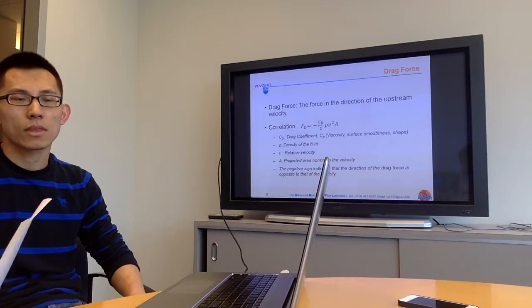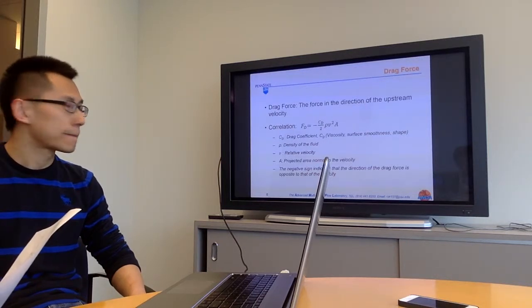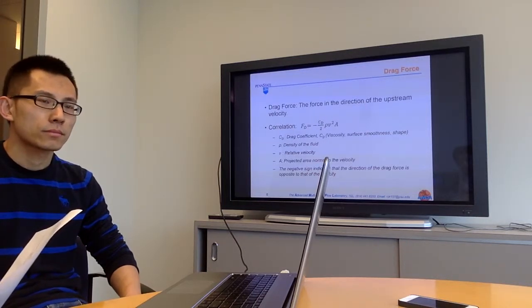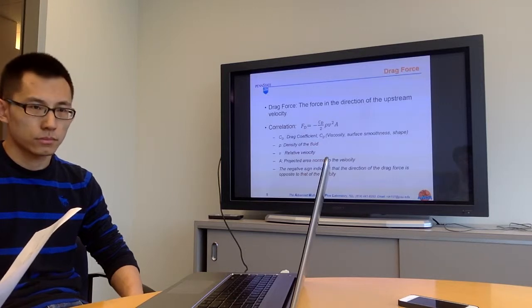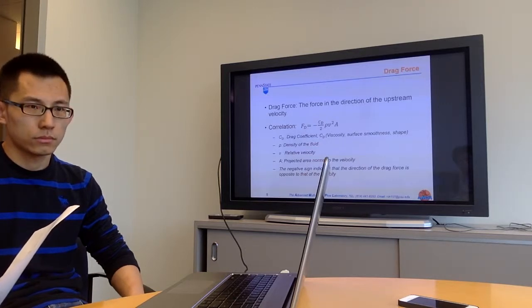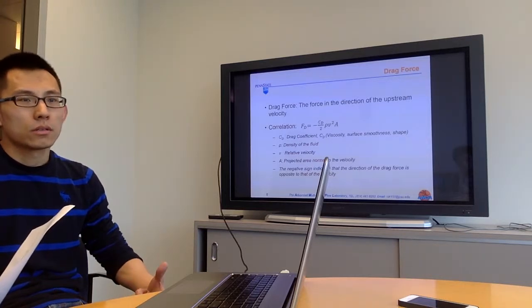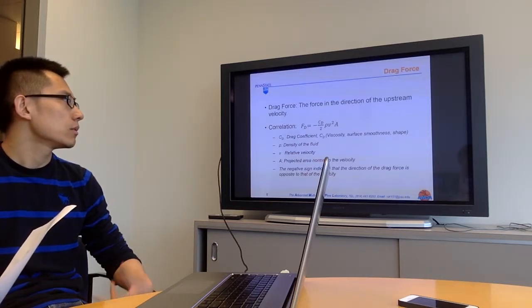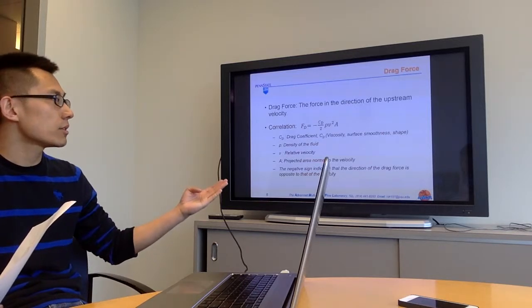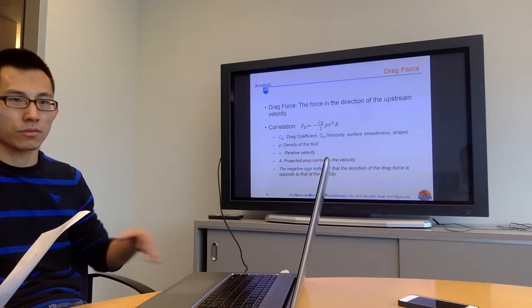Yeah, I see. I have another question: is this kind of drag coefficient a property of the fluid itself, or decided by some other things, like the density? Okay, so the viscosity means the viscosity of the fluid.